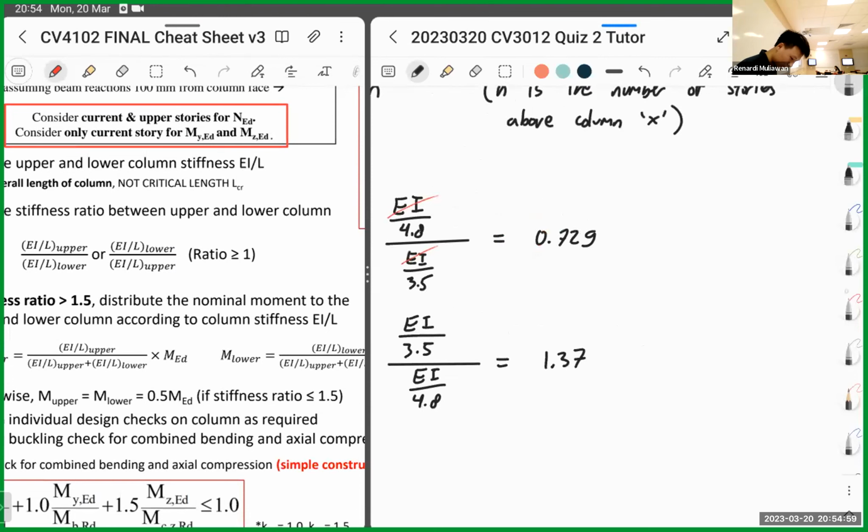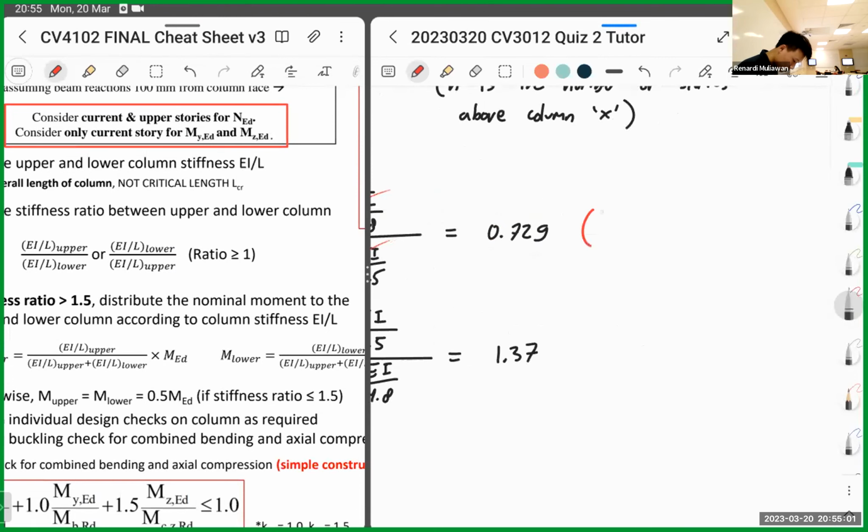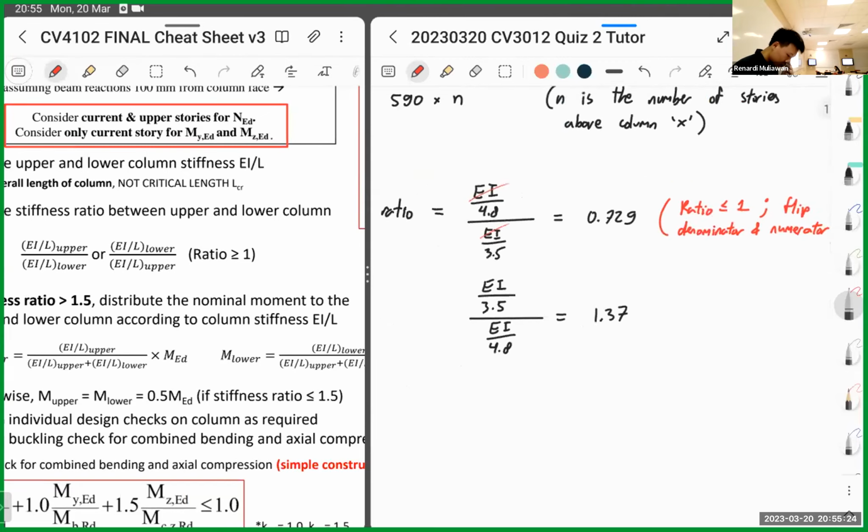Okay, so I'll put a note here. Ratio less than 1 means flip the denominator and numerator. Okay, so 1.37.